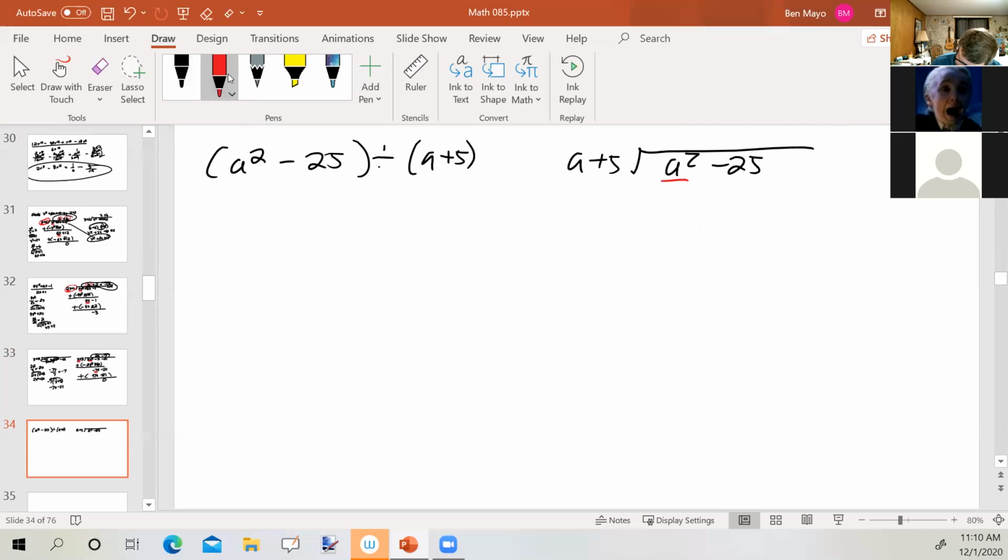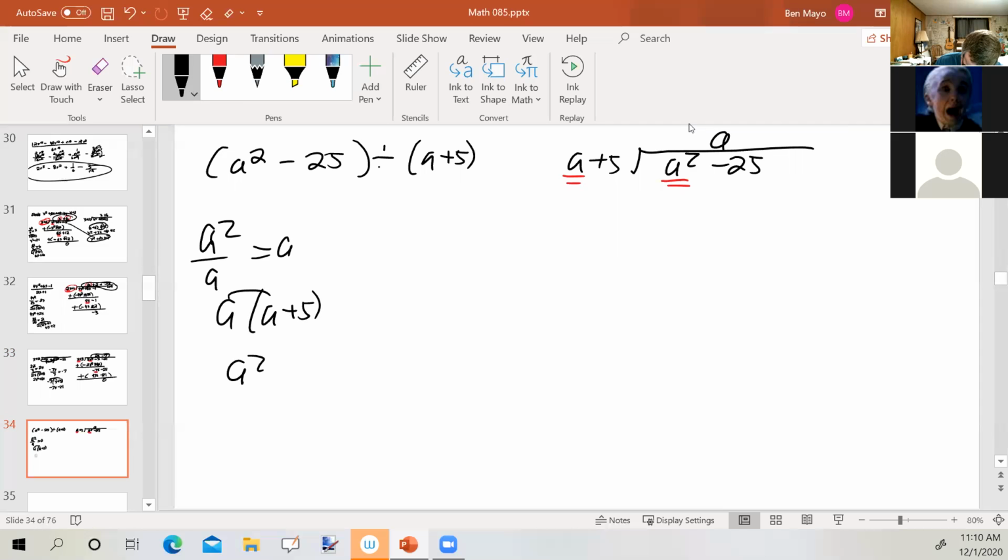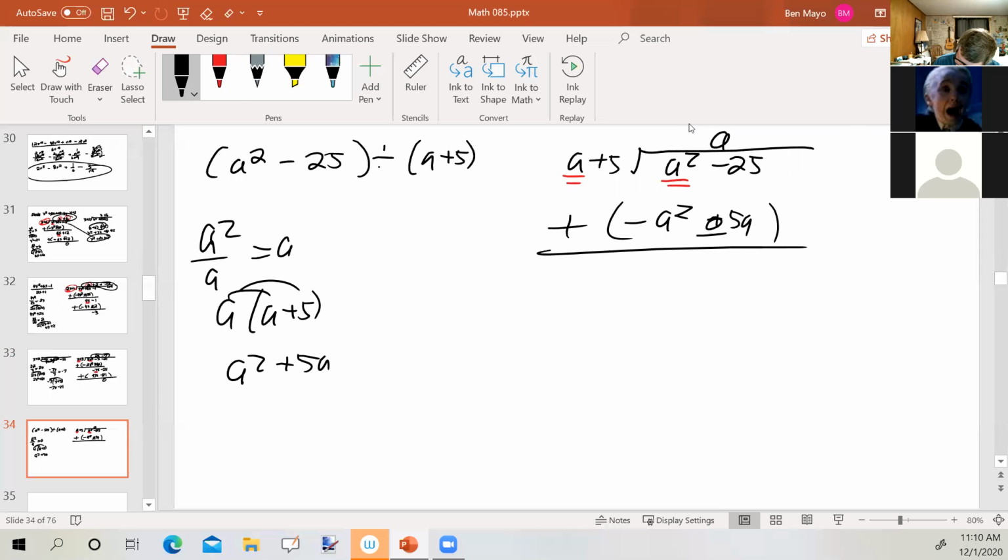And going on, we focus on the leading term inside divided by the leading term outside, and we get a. We'll just put that up there. Then a times a plus 5 is a squared plus 5a. We're going to subtract that, change it to addition of the opposite. We get 0a squared, but these aren't like terms. Things are kind of messy.